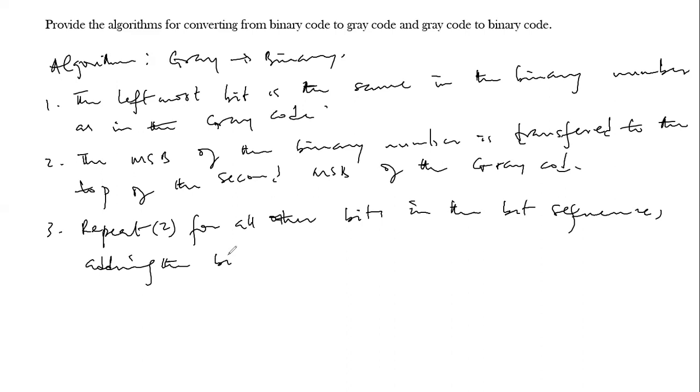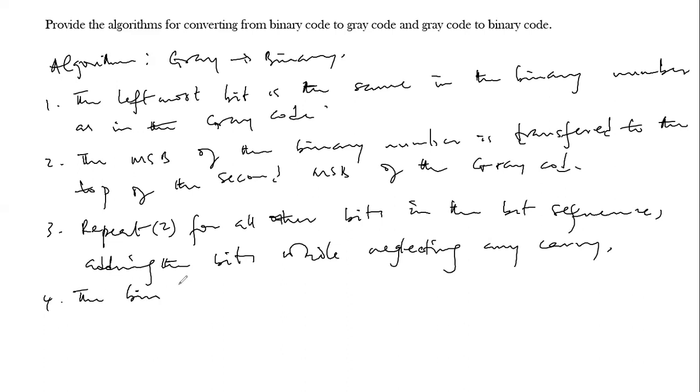Adding the bits while neglecting any carry, right? Neglecting any carry. And then the fourth point, just like we have in the case of binary to gray, so from gray to binary, the last point is also the same.